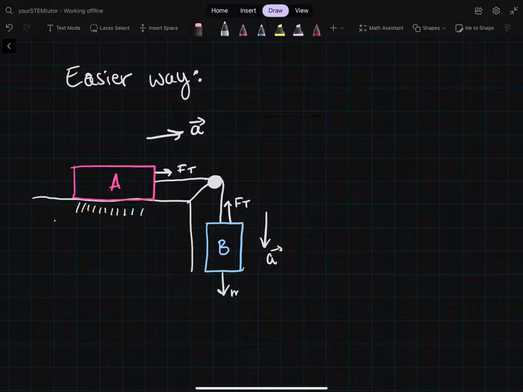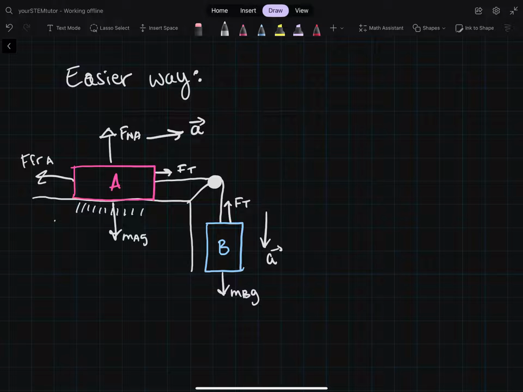We have mass B gravity here, mass B gravity here, or sorry, not B, A. Mass A gravity here, force normal of A, and then right here, force friction A. So those are all of our forces if we put it together in our original diagram.